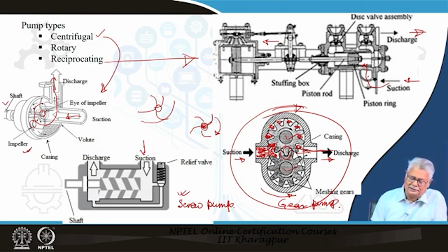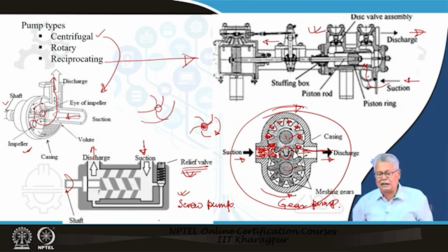So, what happens is something like this: the liquid gets trapped between the grooves, and as it rotates, it is pushed from the suction to the discharge and finally it comes out. So, you have a rotating shaft here. Normally in this as well as in this type, you will have integrated safety relief valves.